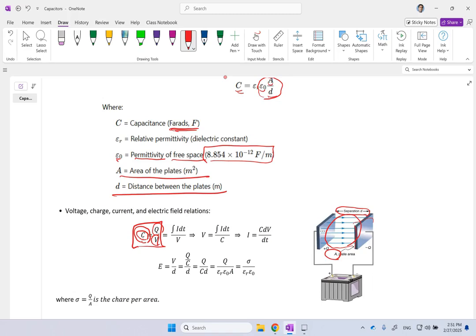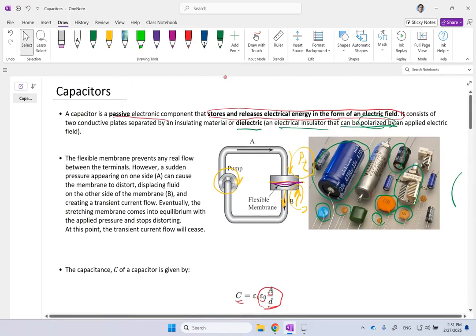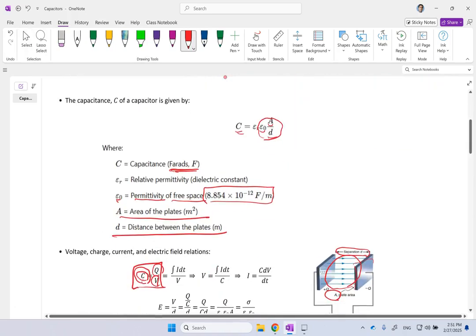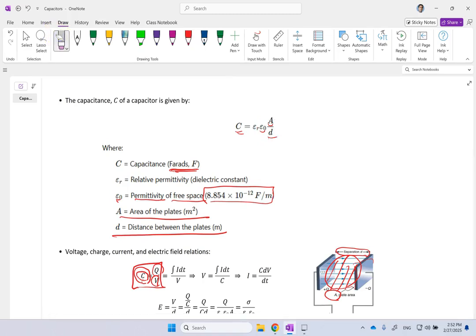Okay? But most of the time, as I said, you fill between these two plates with a dielectric. You fill it with something to make it stronger. Whatever material you use between these two plates, it can make this epsilon naught bigger. So it comes with its own coefficient, epsilon r, which is bigger than 1. And this epsilon r is the relative permittivity of that dielectric, or the dielectric constant.